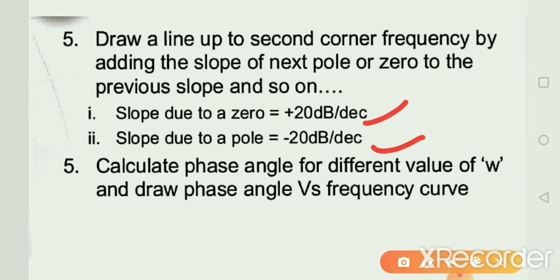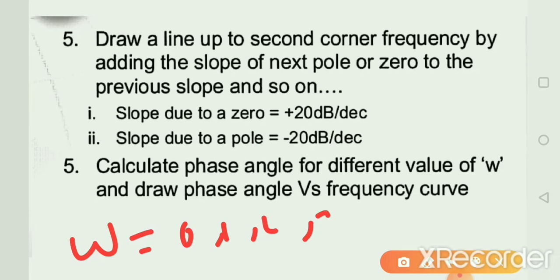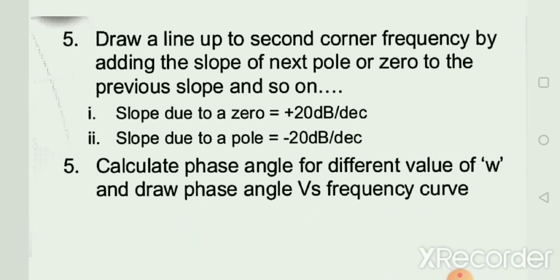Now calculate the phase angle for different values of omega and draw the phase angle versus frequency. So we take omega equal to different values, it means 0, 1, 2, 3, 4 and so on, which we want to take.